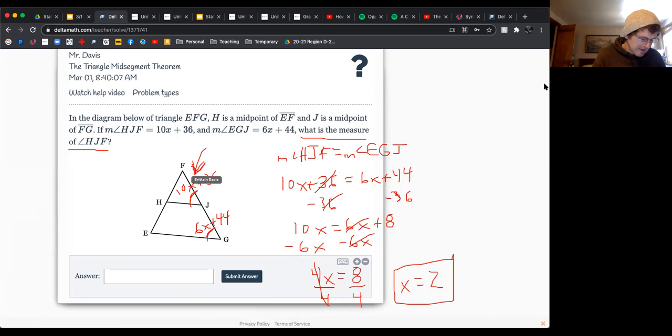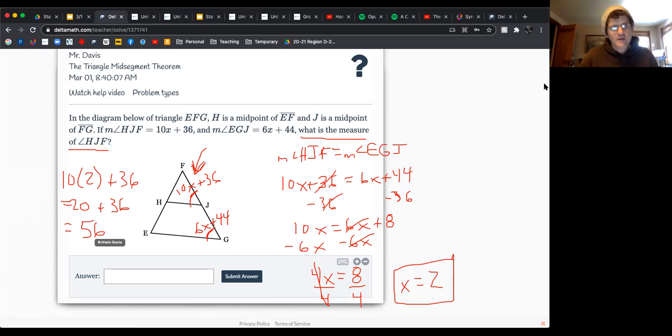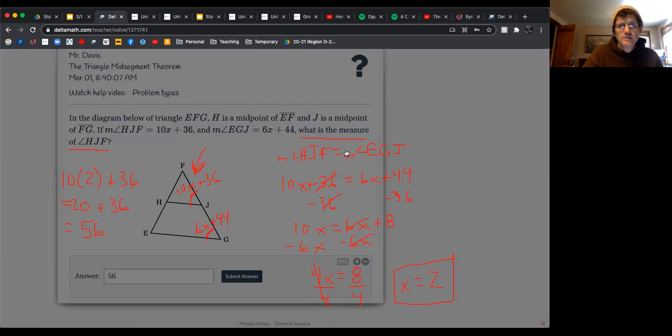So it's going to be 10 times 2 plus 36. All right, so 10 times 2 is 20 plus 36. 20 plus 36 is 56. So we have to do one extra step here. And here's the good thing about this. You already know this about Delta Math. So I'm going to put 56, submit my answer, make sure that's right.